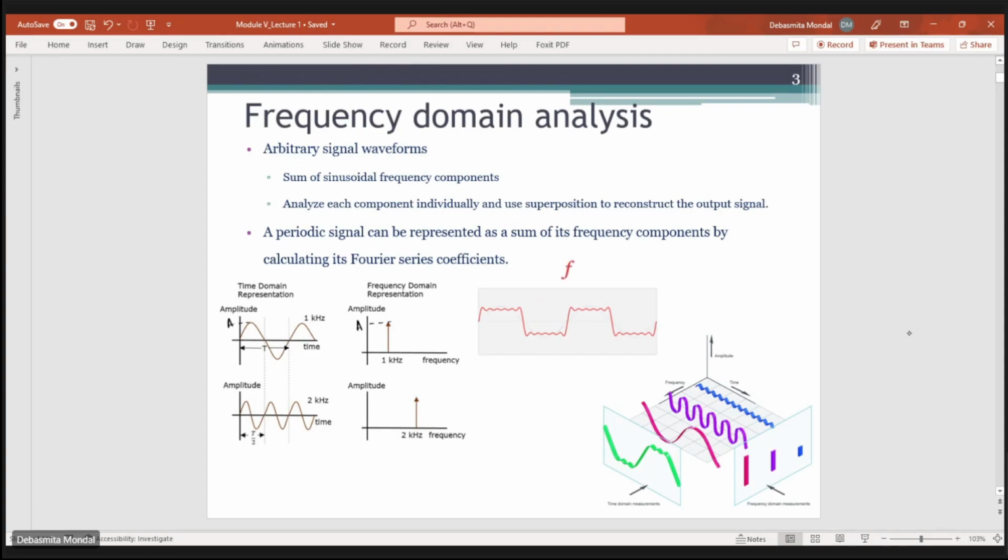This overall signal is expressed as a summation of multiple purely sinusoidal signals, and each of those has different frequency as well as magnitude. Depending on the frequency and magnitude of each of the sinusoidal components, you can write the frequency domain representation.